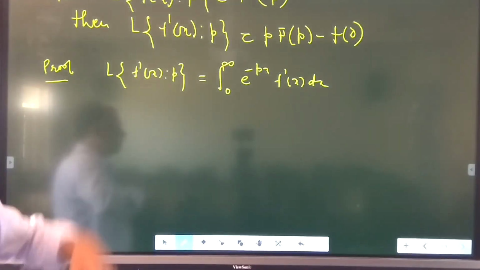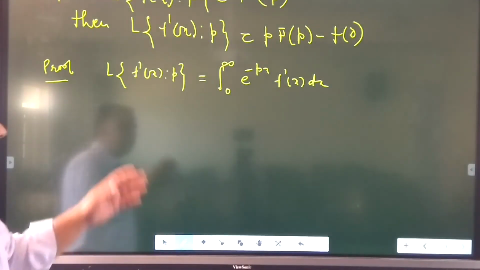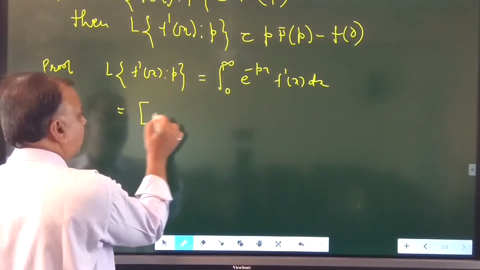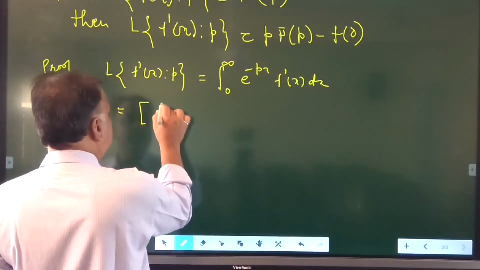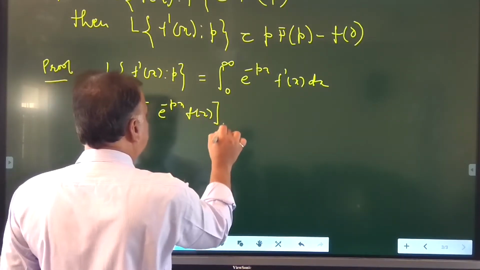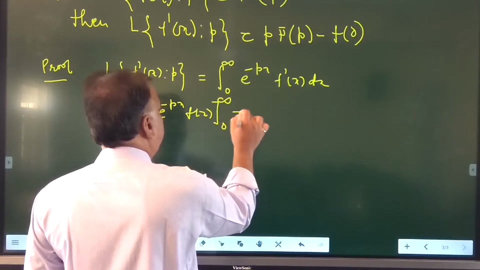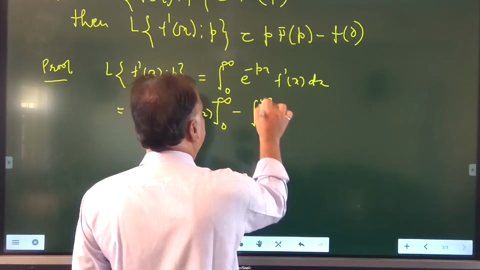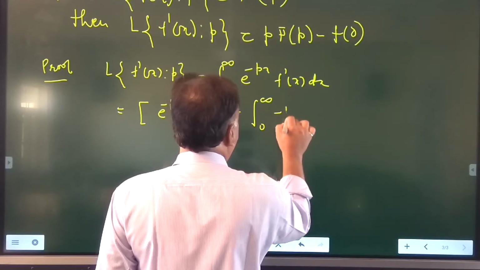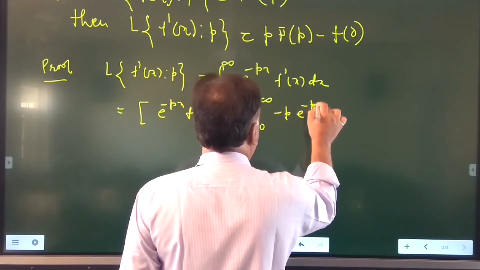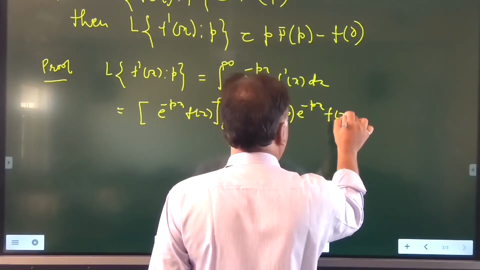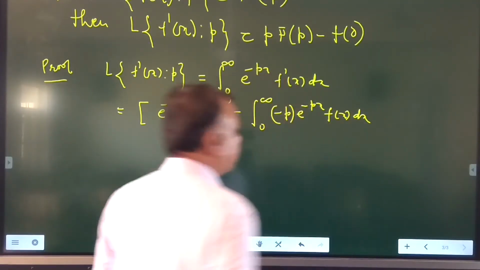If we integrate the right hand side by parts, we get e^(-px) f(x) with limits from 0 to infinity, minus the integral from 0 to infinity of (-p) e^(-px) f(x) dx.